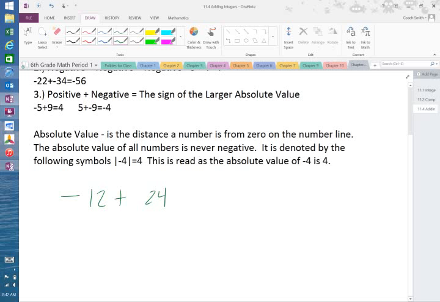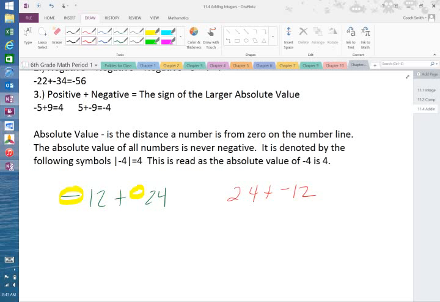The first thing you have to recognize is that you have a negative and a positive, and you're adding them. When that occurs, it doesn't matter if it was that or if it was this. We're still going to do the same thing because it has a positive and a negative number.